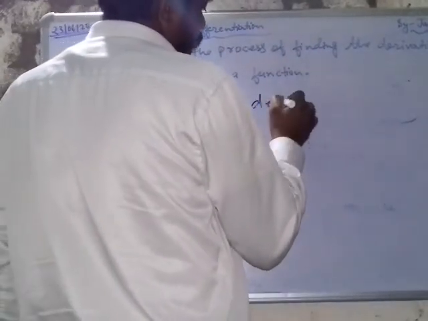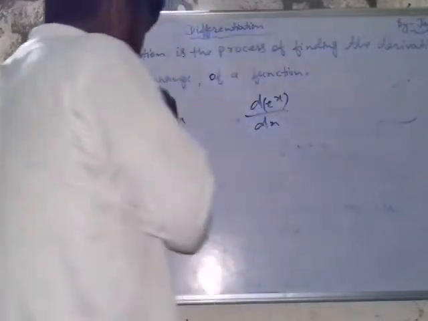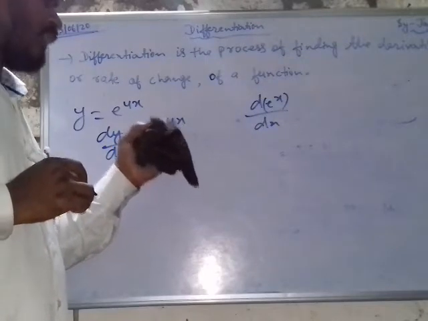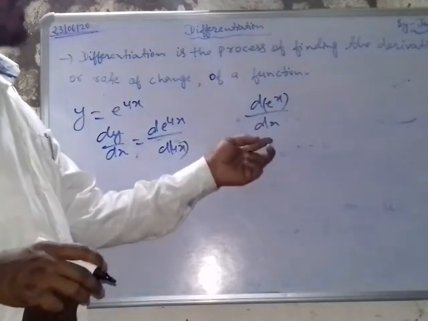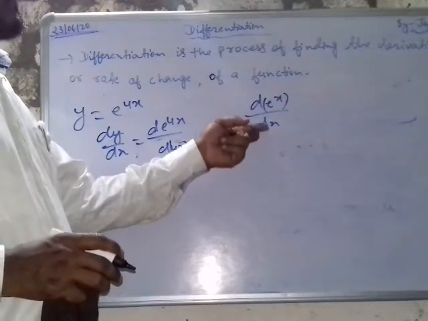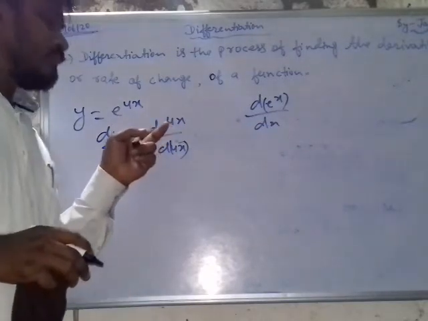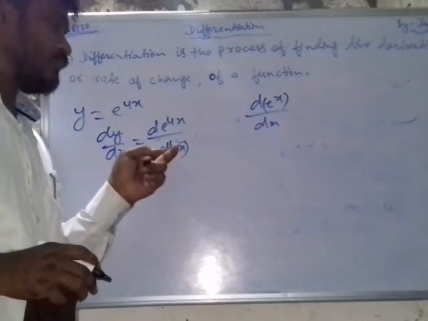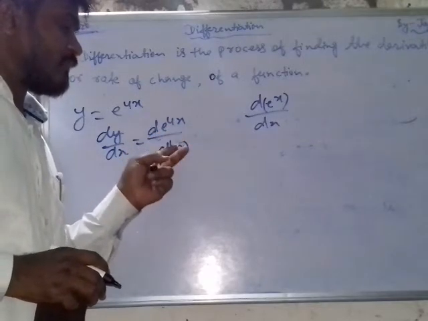Because we know the formula for d e to the x by dx, but we don't know the formula for exponential 4x. So if it is exponential 4x, then we have to differentiate it with respect to this power, that is 4x.